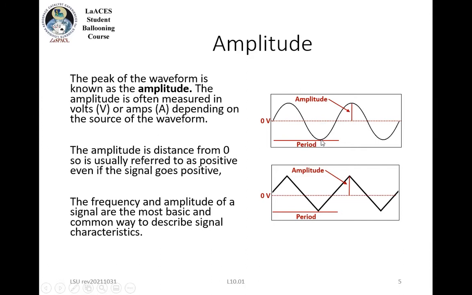This is a negative value, but we would say that's the same amplitude as that, especially for something that repeats like that, where there's not really a reason to choose, oh, this is positive and this is negative, right? You could easily invert the whole thing.